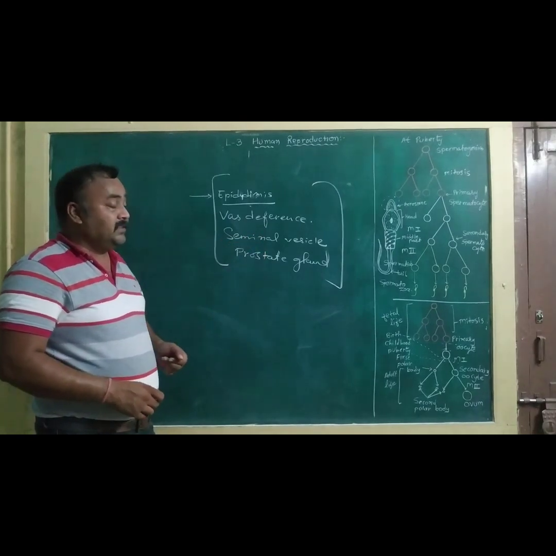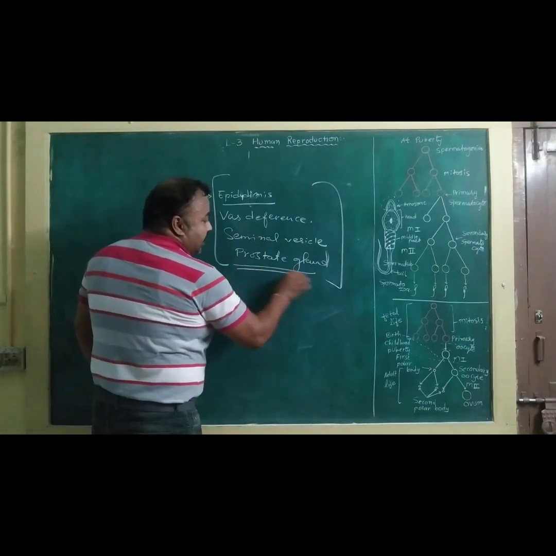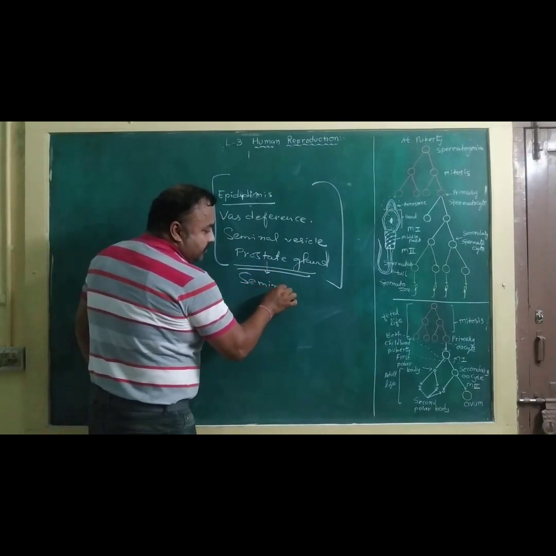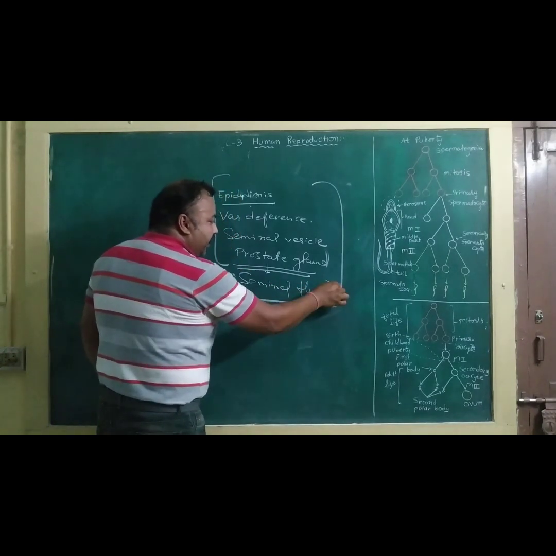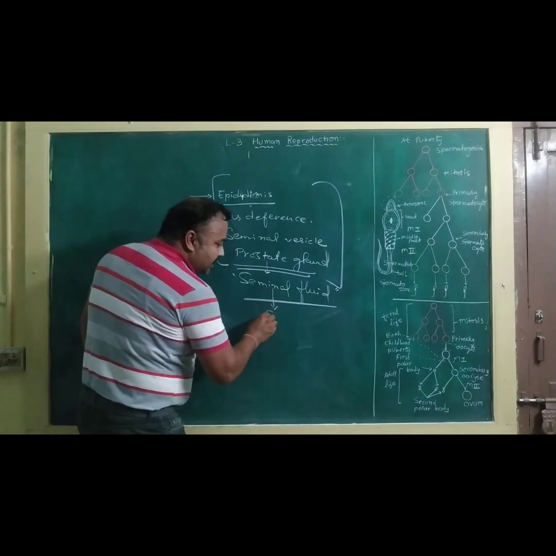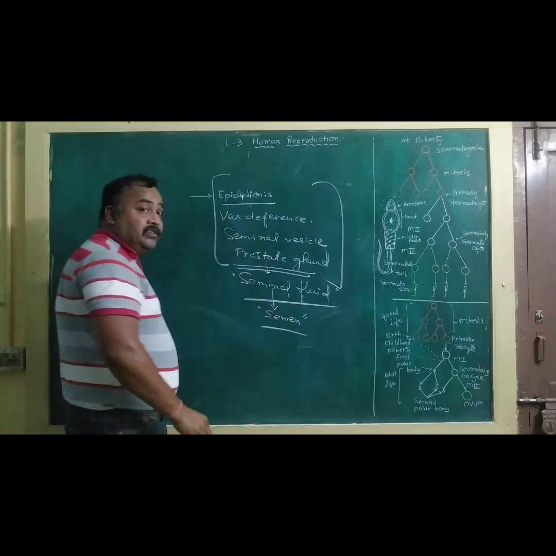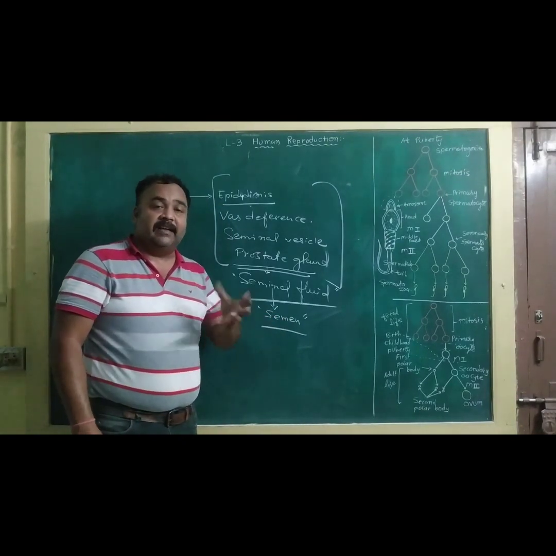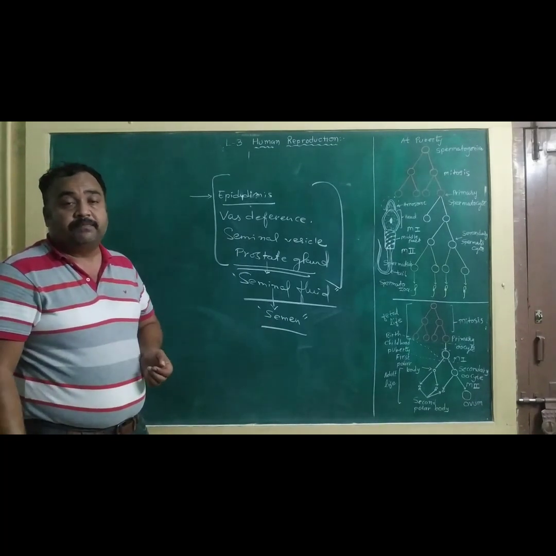The seminal vesicle and prostate gland secrete a fluid which is called seminal fluid. And the seminal fluid along with sperms forms semen. During every ejaculation, 3 to 4 ml of semen is ejaculated, which contains millions or billions of sperms.